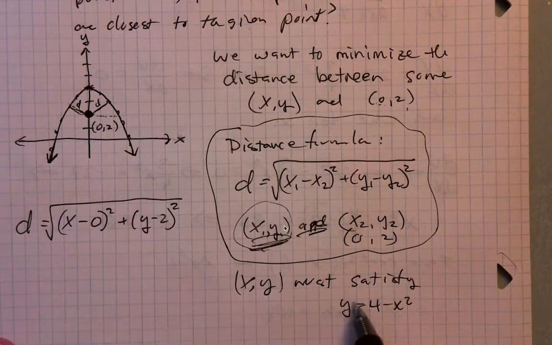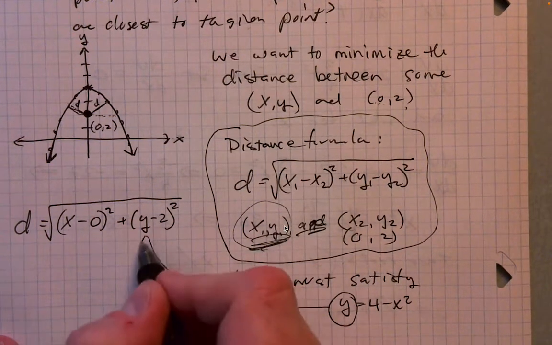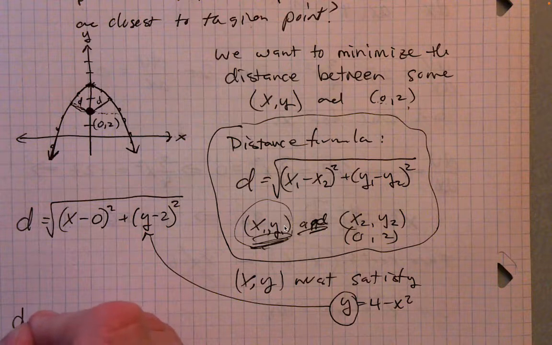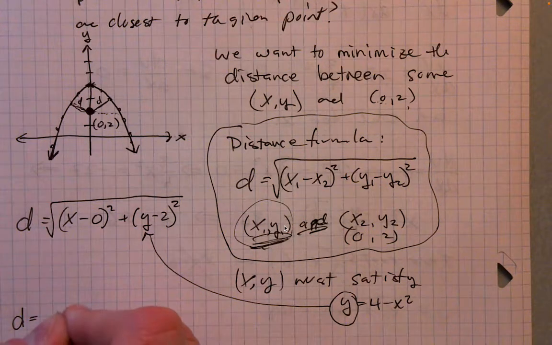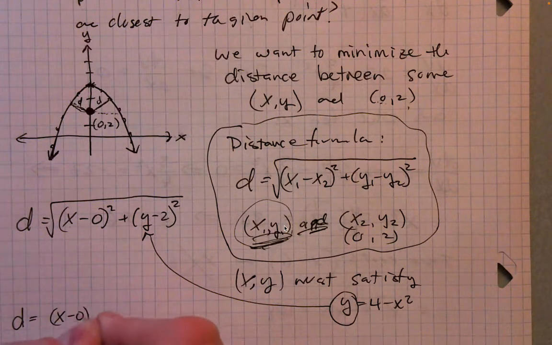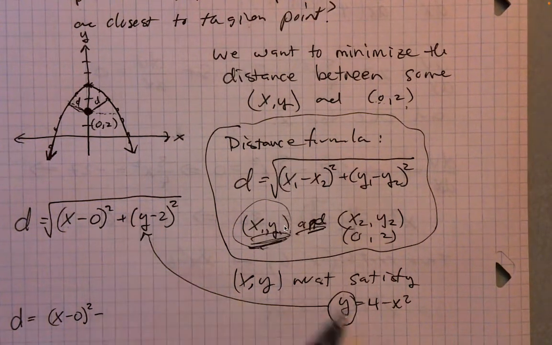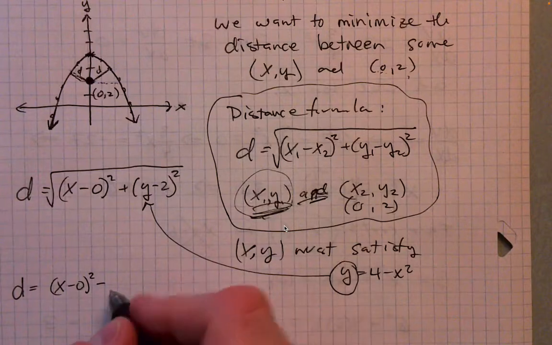So let's plug this in for y here, and that would be a way of baking in that constraint. So what we'll use is d equals the square root of x minus 0 squared. I'm going to leave the 0 there just for now so people can follow exactly what I've done. Now instead of y, we're going to put 4 minus x squared in there.